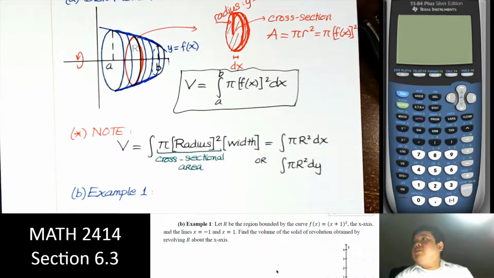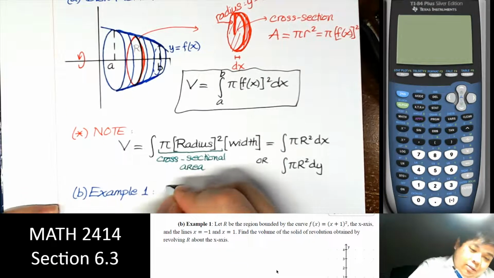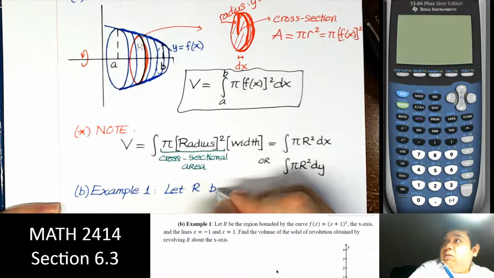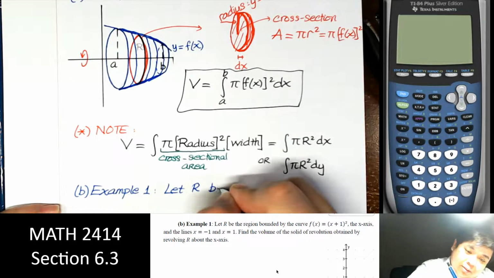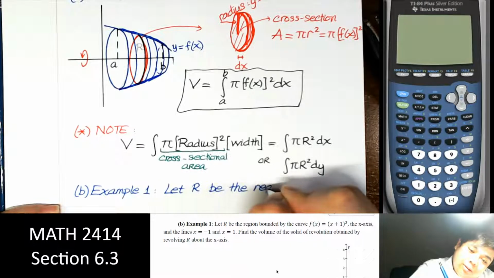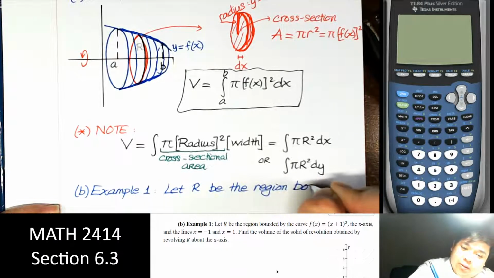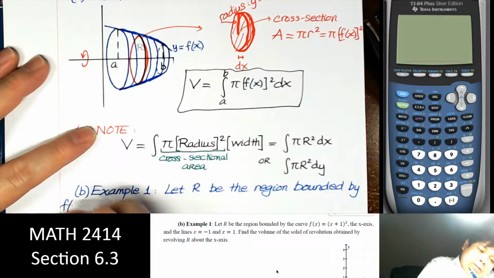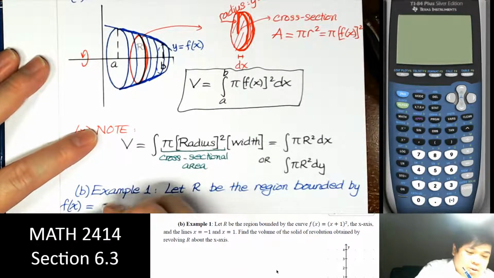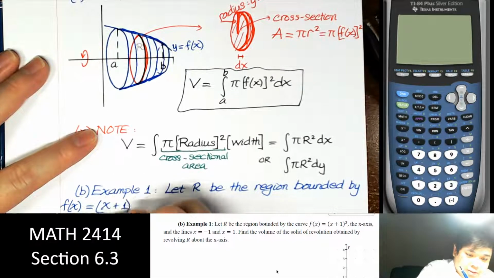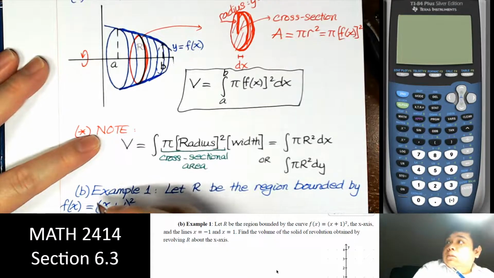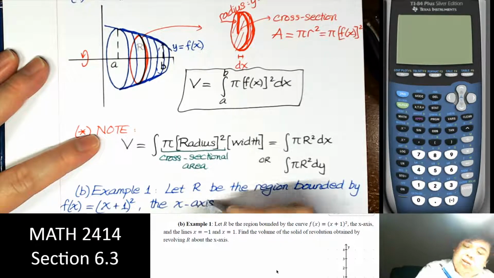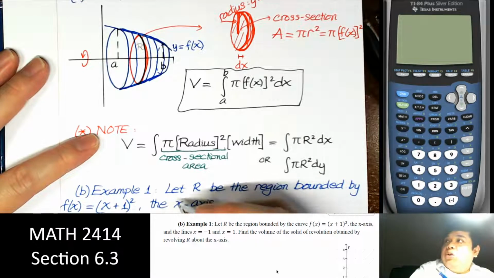Example 1. Let R be the region bounded by y equals x plus 1 squared, the x-axis, x equals -1 and x equals 1.